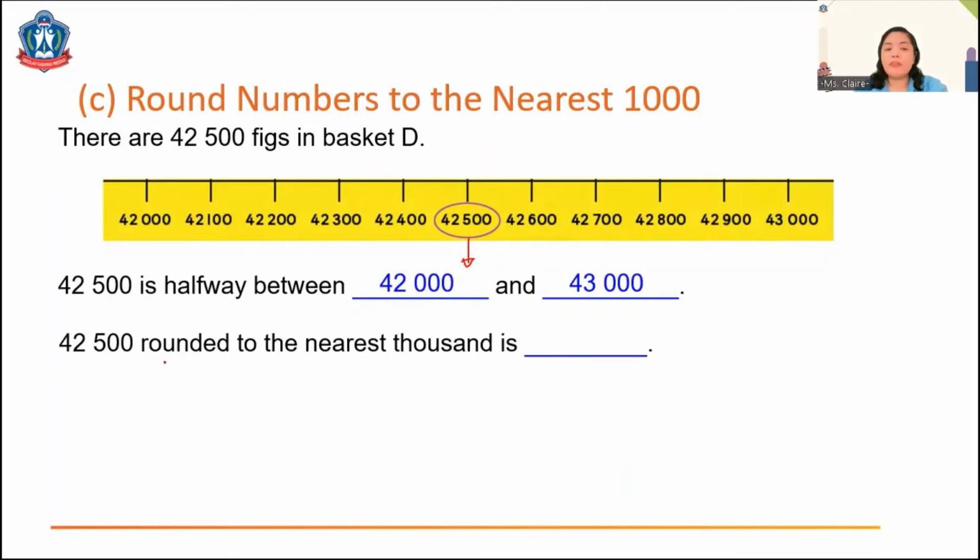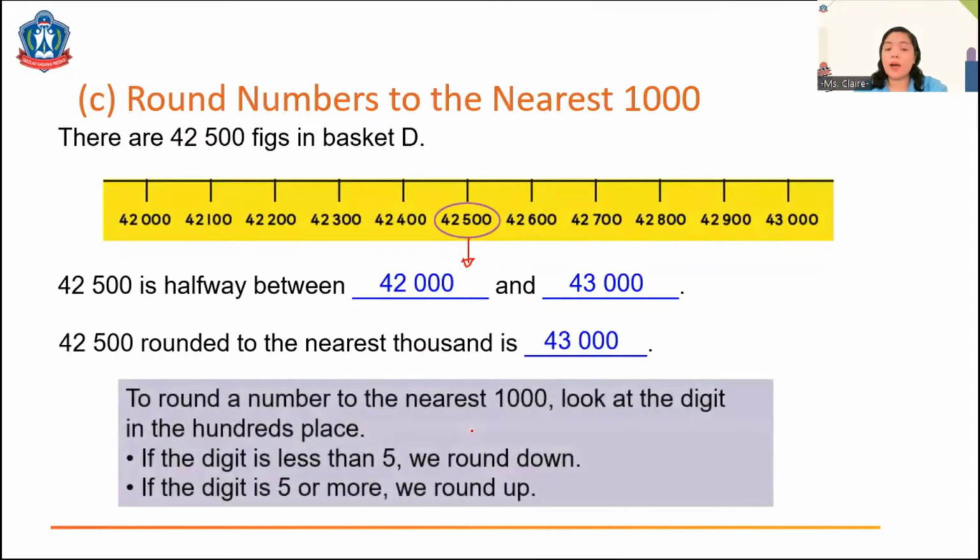So 42,500 rounded to the nearest 1,000 is 43,000. Why? Because to round a number to the nearest 1,000, look at the digit in the hundreds place. So the hundreds place is the number 5. If the digit is less than 5, we round down. This is already 5, means we will round up. So that's why the answer is 43,000.